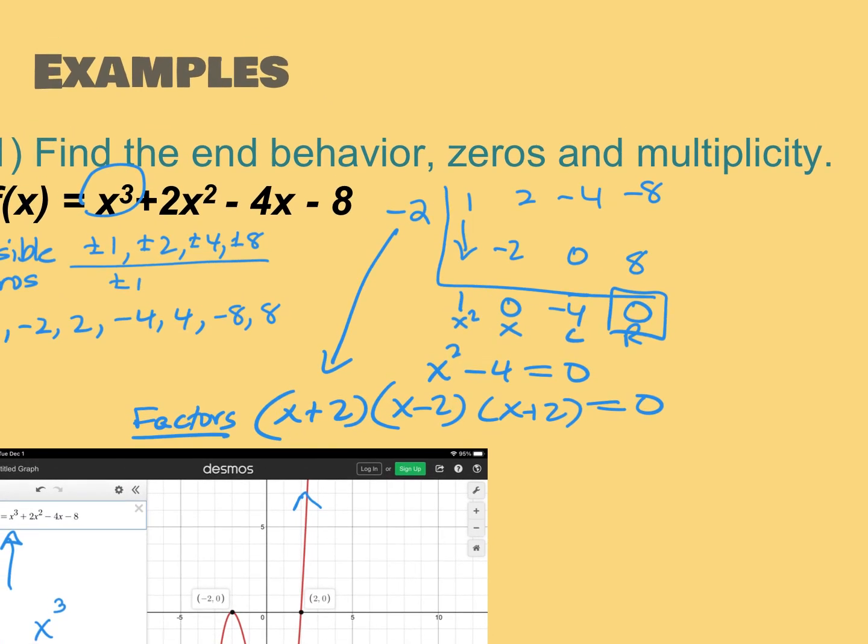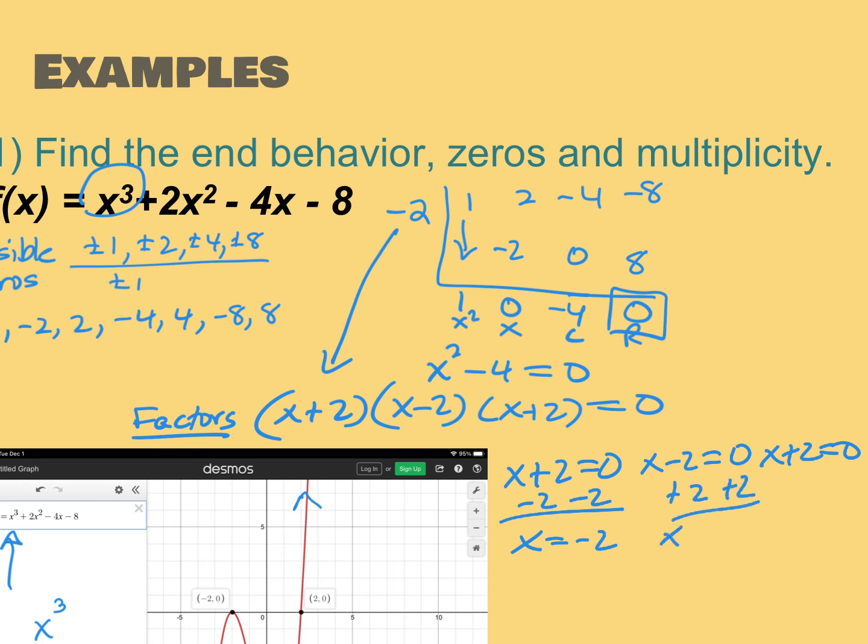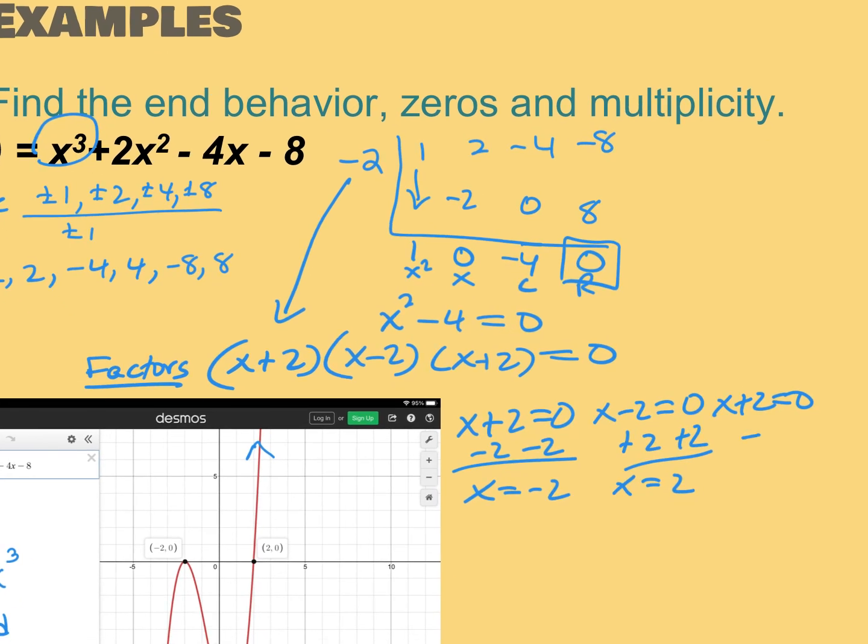However, the zeros, you take each one, set it equal to 0, solve each one. These are the zeros, or the solutions, or the roots. They all mean the same thing. They're all real, so they're also all my x-intercepts.